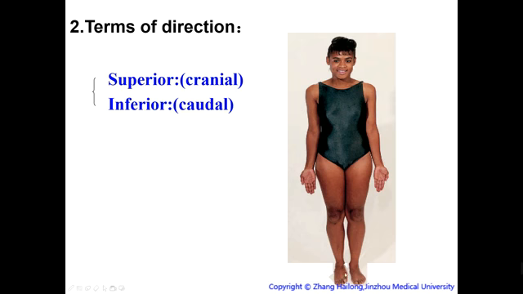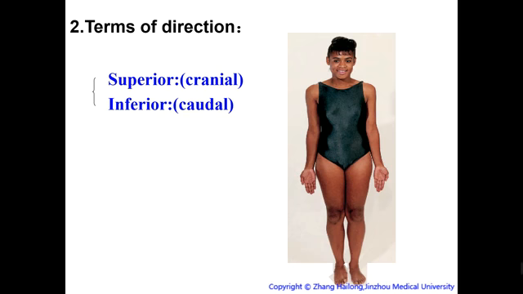This is inferior. Another name for superior is cranial. Cranial means near to the skull. And another name for inferior is caudal. Caudal means tail. Some people say humans have no tail, but you should know we have coccygeal vertebrae.